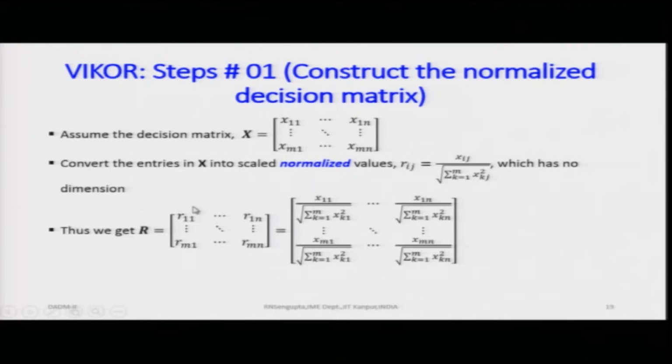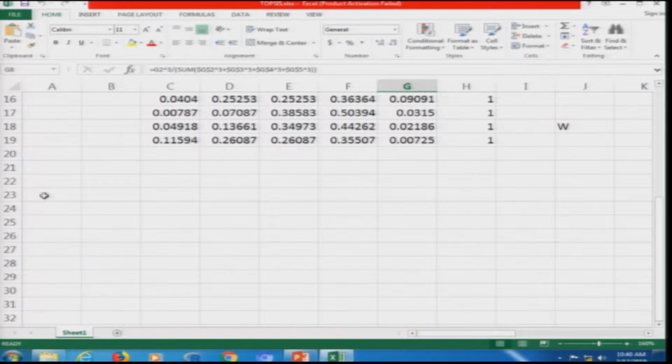Then once you find the normalized values, you have the R, which is of size m cross n, which is the normalized scores or the weights or the values corresponding to the jth criteria for the ith alternative. So, let us basically consider a value, and I will go a little bit slow in order to make you understand.